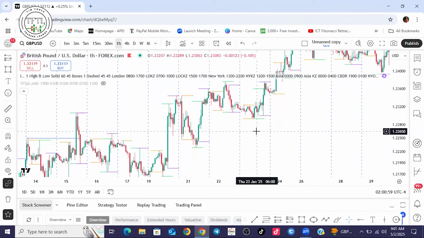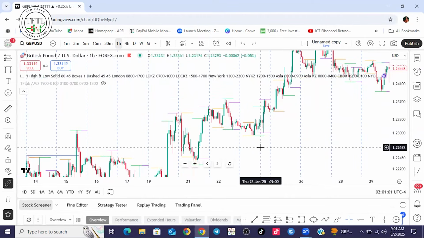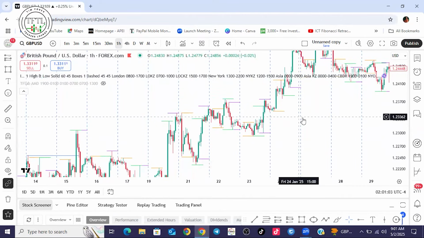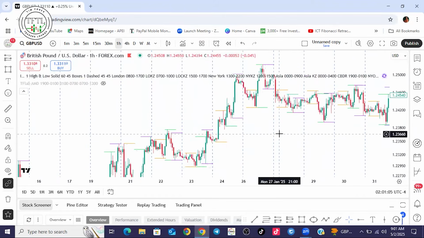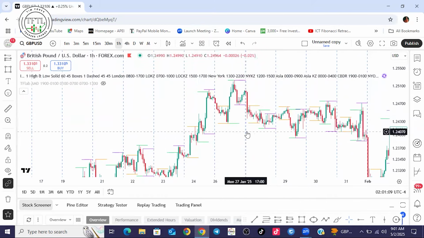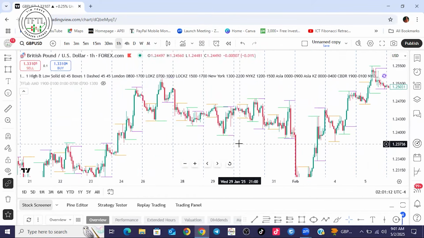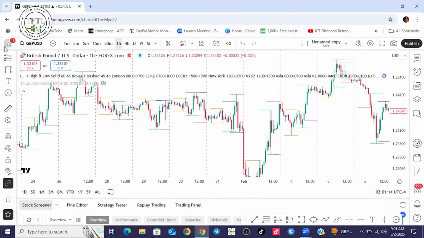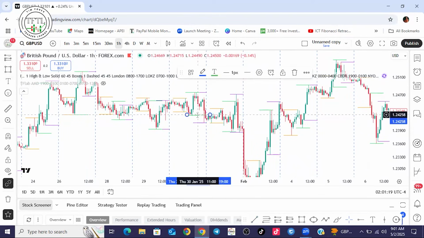At around this particular point, let's see what we have here. The price pushes up, and then we start having a downtrend. Here you see the price created a BOS. This was the low that the price created.